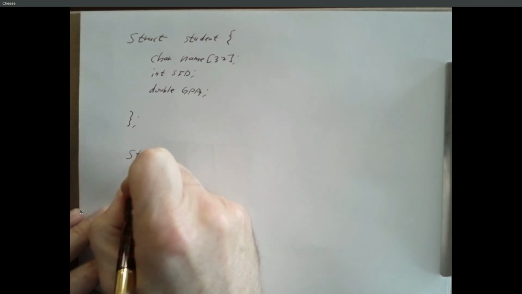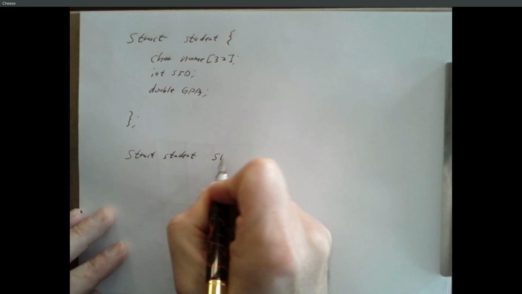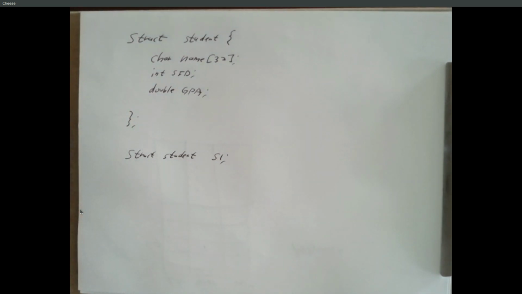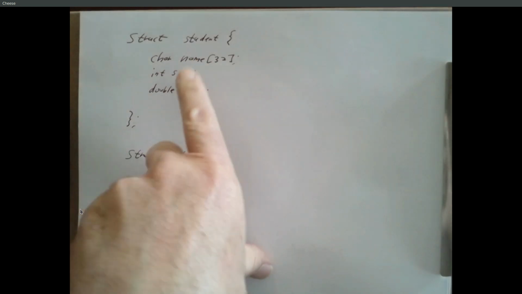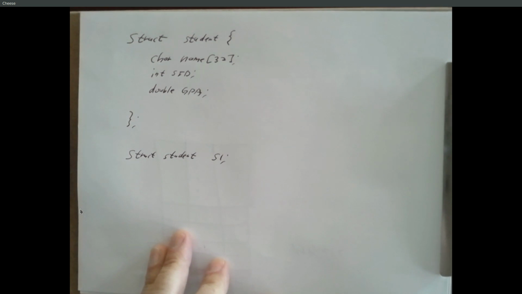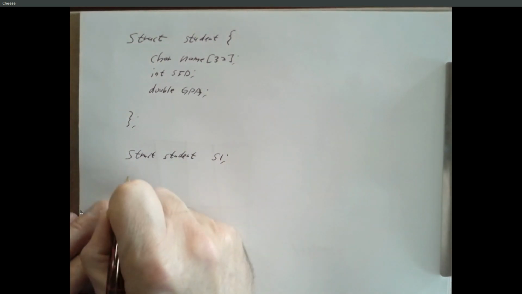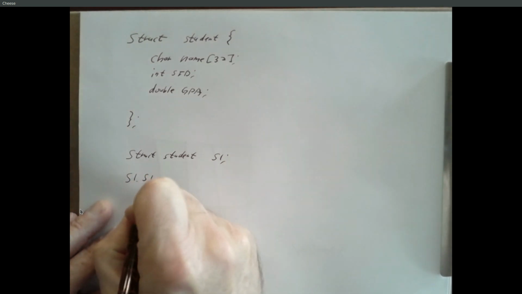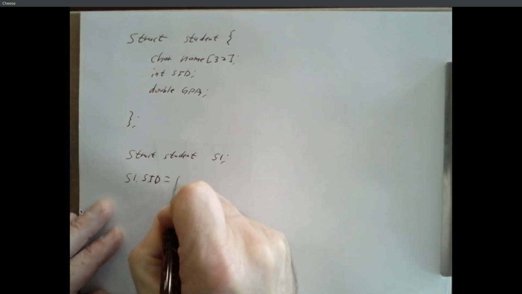So now I can say I want a variable that represents a student. I could say struct student S1. So S1 is a struct student, which means S1 contains a name, a student ID, and a GPA. If I want to initialize the student ID of this student S1, I do the following: S1 dot SID, and then whatever you want to do with it.